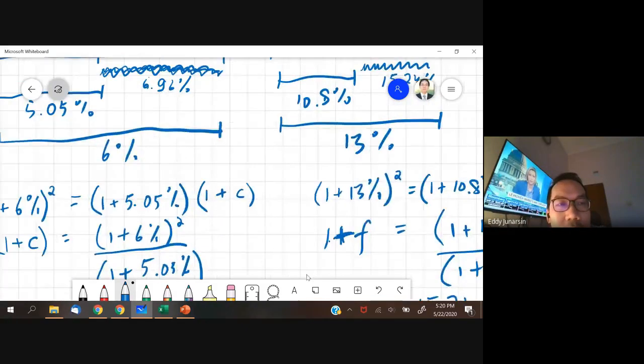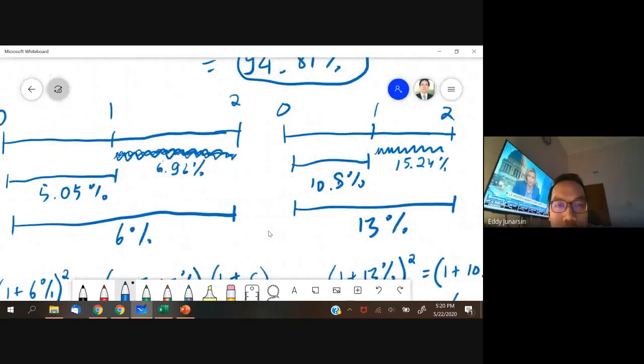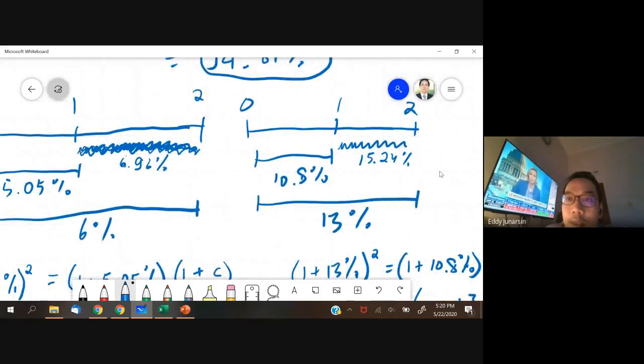Okay, so now we get, you see, the 1-year interest rate, but 1 year from now. You see, this is 1-year interest rate, right? 1-year interest rate, but 1 year from now. And also for this one, for the corporate bond, 1-year interest rate, 1 year from now.